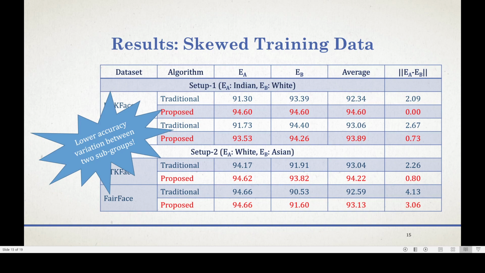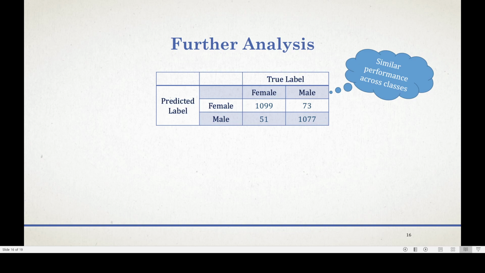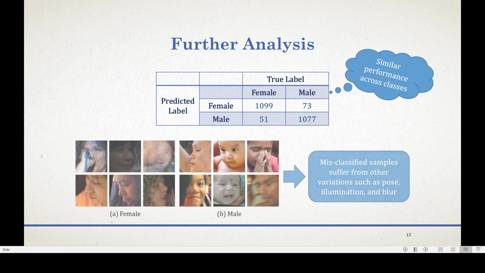This demonstrates the effectiveness of the proposed approach. Upon further analysis, we observe similar behavior in terms of the accuracy across the different gender groups. We also look at some misclassifications and observe pose, illumination, and blur to be a major challenge.